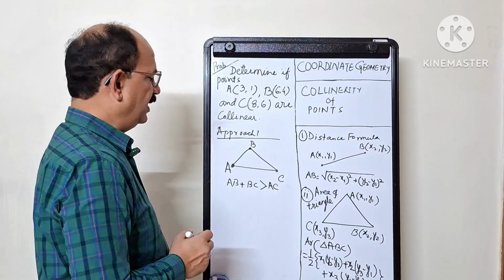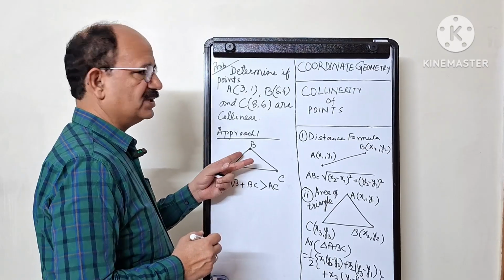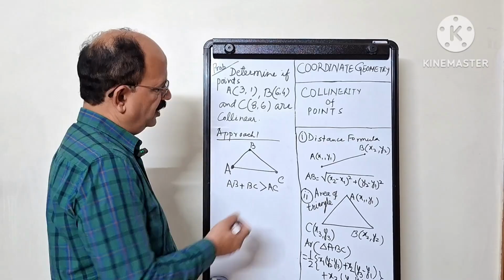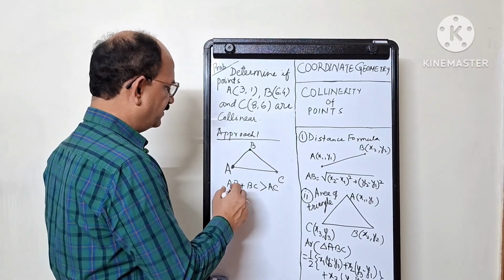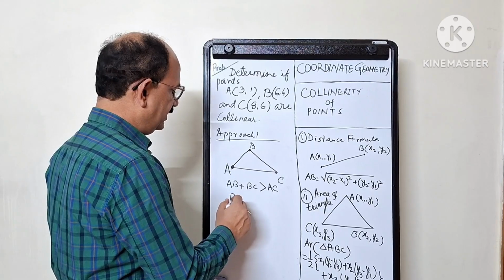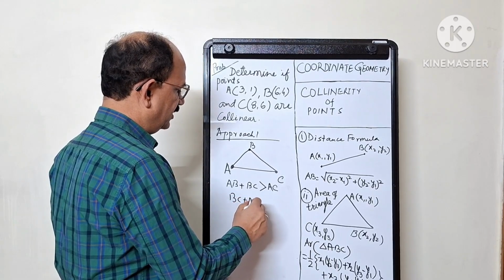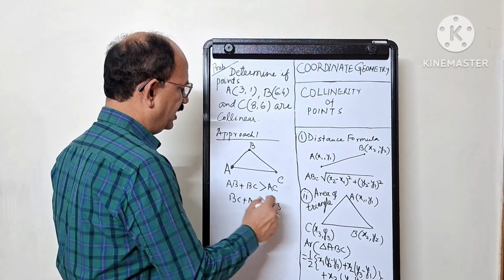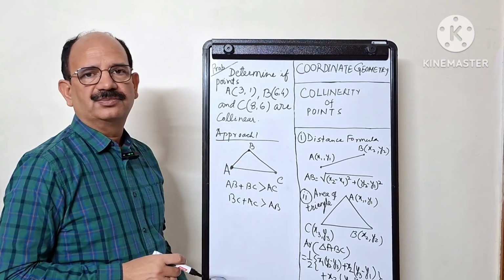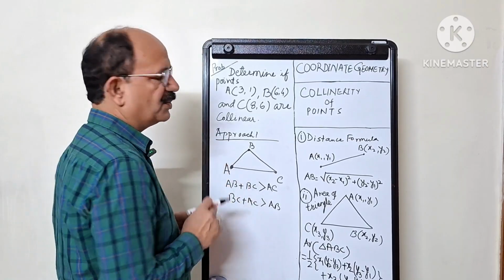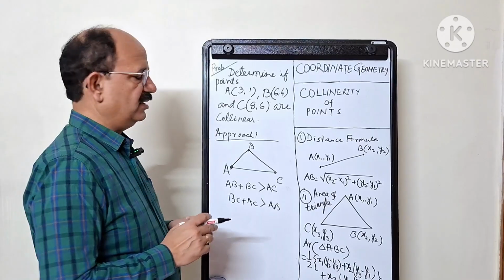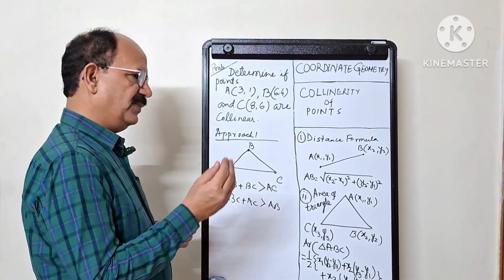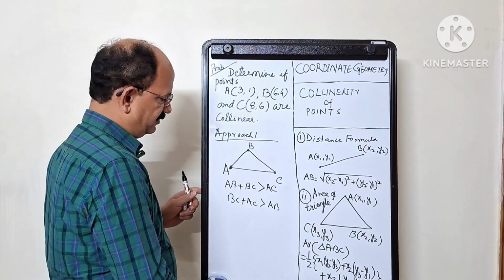And that is true for any combination of sides. Meaning thereby that if you add BC and AC, then that also will be greater than the remaining side AB, and likewise the third combination also. That is the property of a triangle. But let's extend that concept a bit.